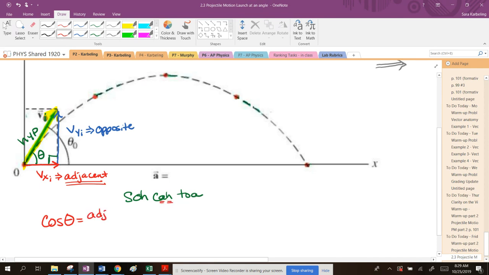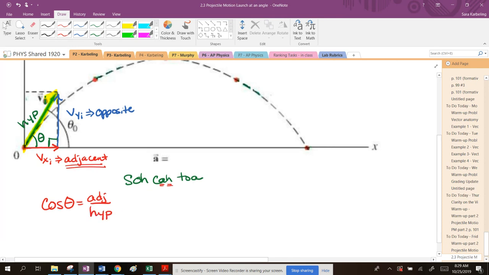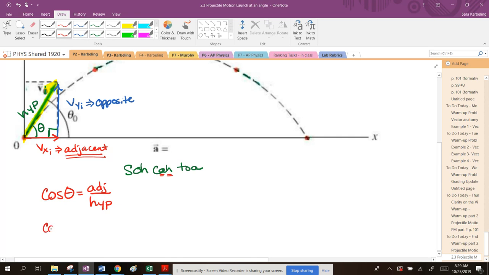If we plug in some values here, the adjacent is the initial velocity in the x direction. Remember, the x and the y are completely separate, so we just need the velocity in the x direction. And the hypotenuse is that initial velocity overall. That's how fast it was launched, the speed, and then we're just breaking it up into two pieces.